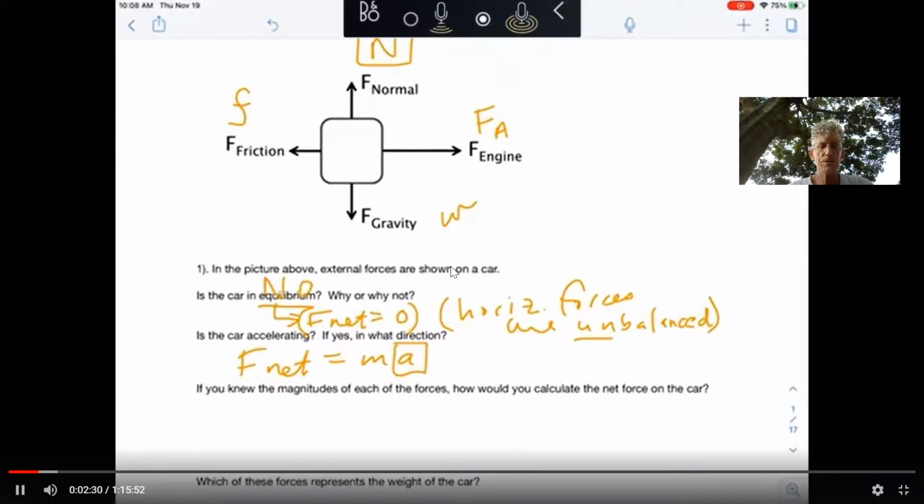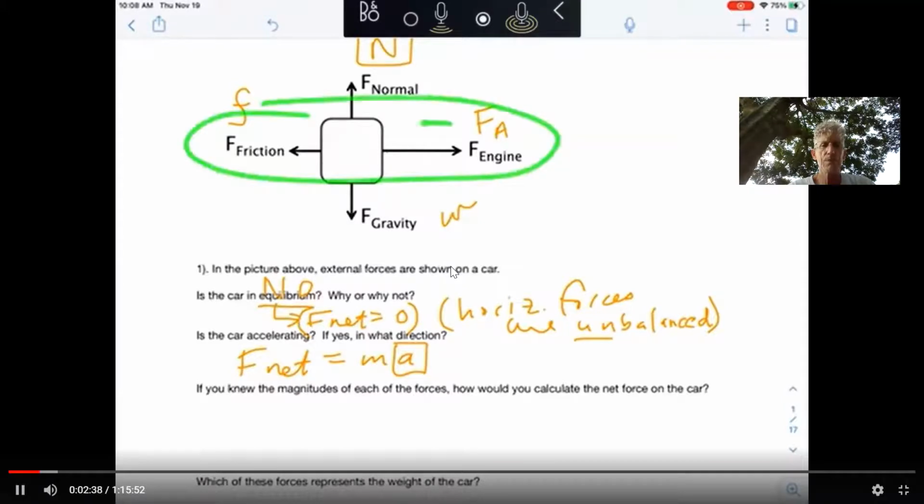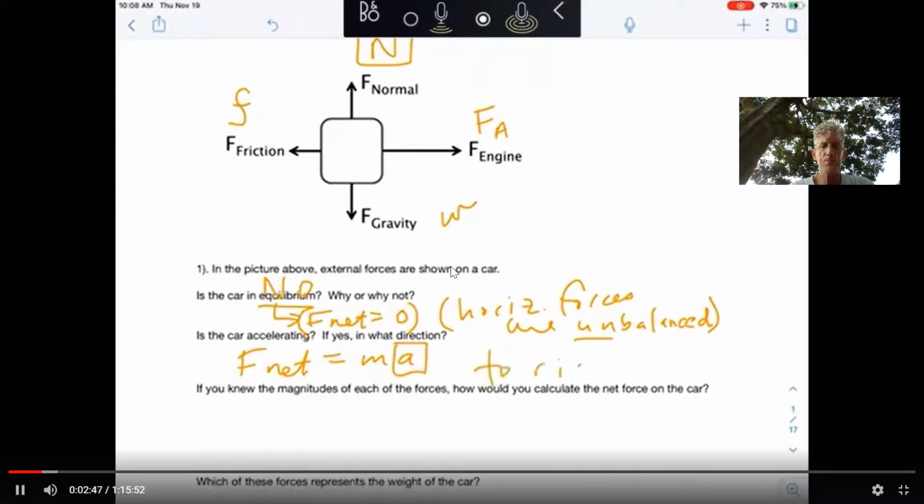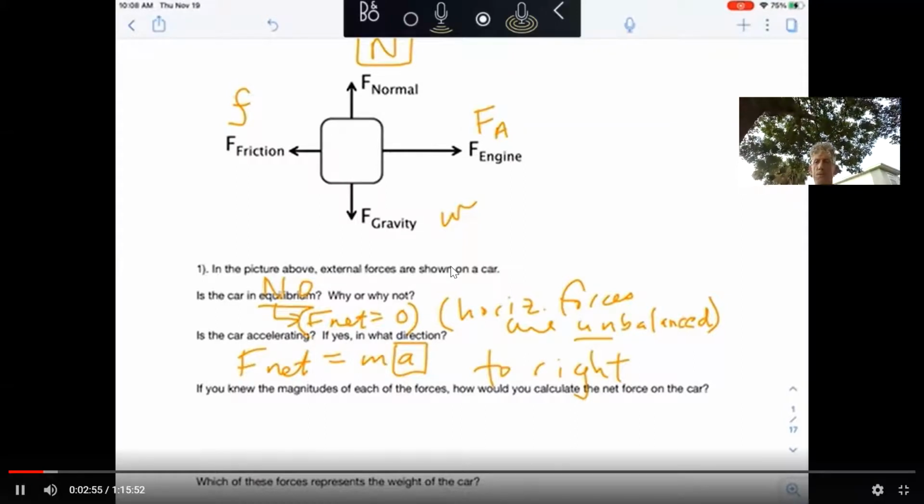Let's go to the next question. If you knew the magnitudes of each of the forces, how would you calculate the net force on the car? Well, if you had the applied force, you take the bigger force and you subtract the smaller force from it. So I'm going to try to catch up with my video here.